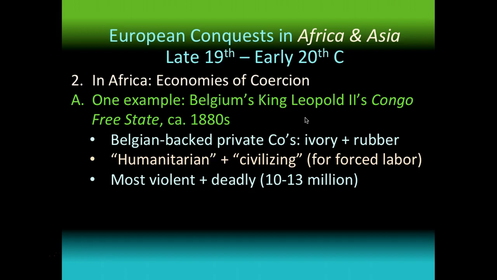State-backed private companies, as in private economic companies, were backed by the state's military, as we've seen in many other cases, and they used a variety of extremely abusive tactics, including mutilation, to force the local population to collect ivory and rubber, because ivory comes from elephant tusks, which is now illegal in America to purchase.